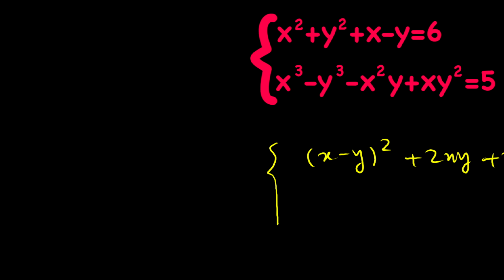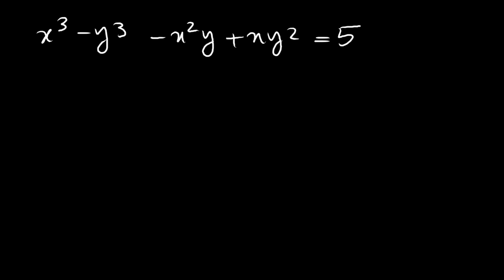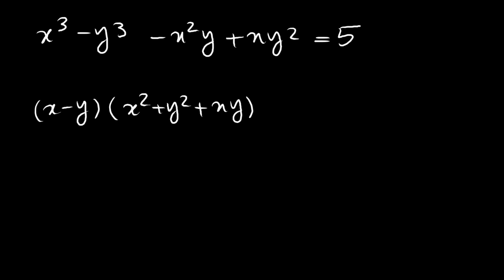Next, let's go ahead and talk about the second equation, which is x cubed minus y cubed minus x squared times y plus x times y squared equals 5. So at this point, what I'm going to do is to factor the left-hand side as much as I can. So I'm going to start with factoring this difference of two cubes. So I can factor this into x minus y times x squared plus y squared plus x times y.